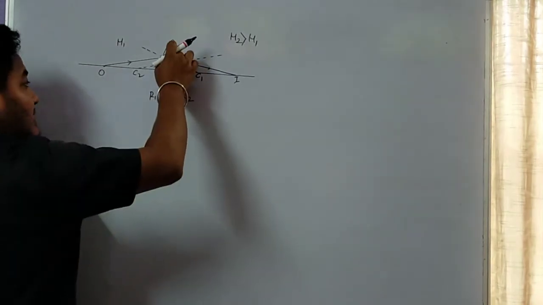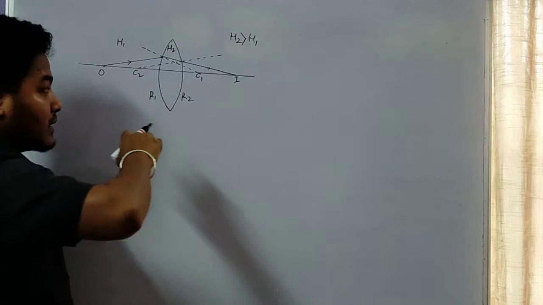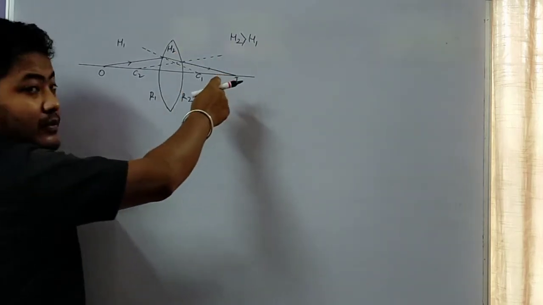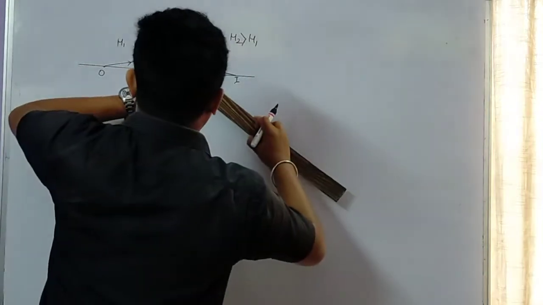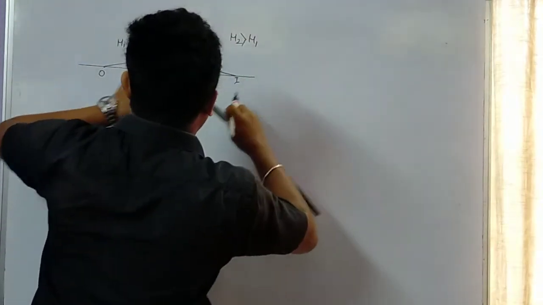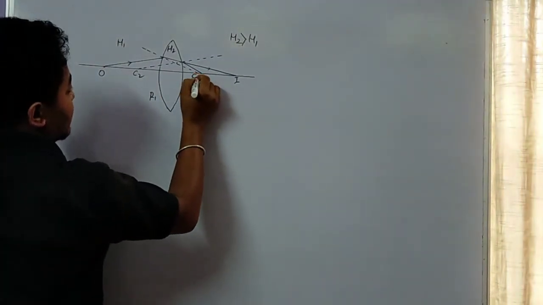So once light travels from optically denser to optically rarer medium, what happens? The ray of light will bend, will go away from the normal. So in the second case, the ray of light will go away from the normal.